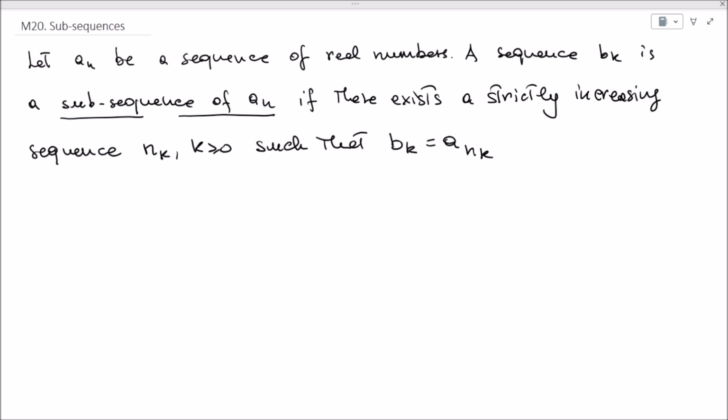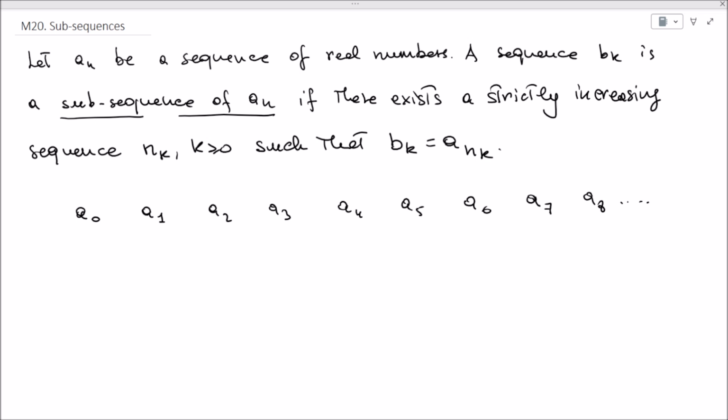So in other terms, what we are saying is that the elements of b_k, the elements of this subsequence, are nothing else than elements that belong to the original sequence a_n, which are picked from a strictly increasing sequence of indices. So let's try to visualize this. Let's say that this is a0, a1, a2, a3, a4, a5, a6, a7, a8.